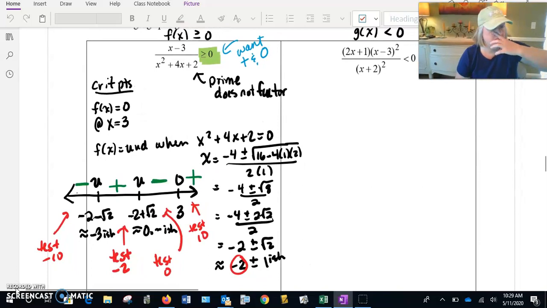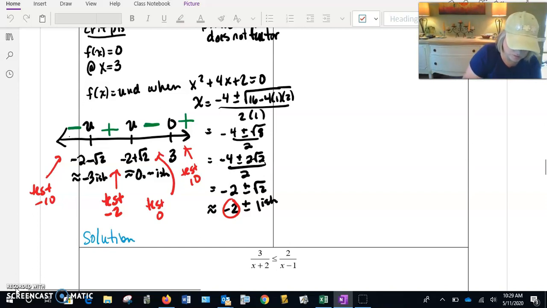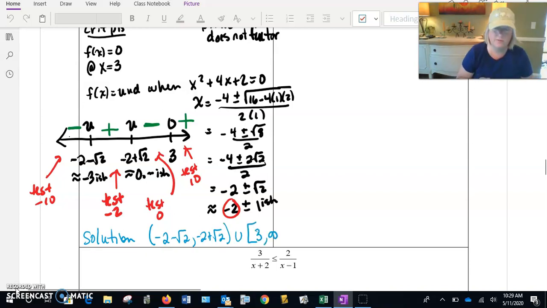So when I go down to the bottom and write my solution, it would be the positive and 0: parentheses, negative 2 minus square root of 2 to negative 2 plus square root of 2, union, bracket, 3 to infinity.